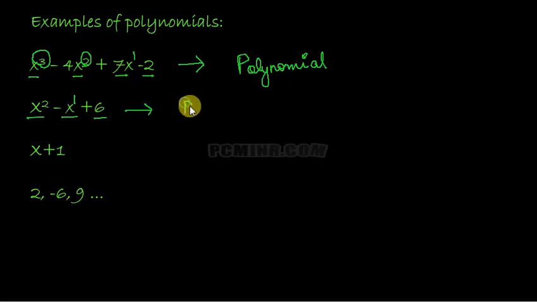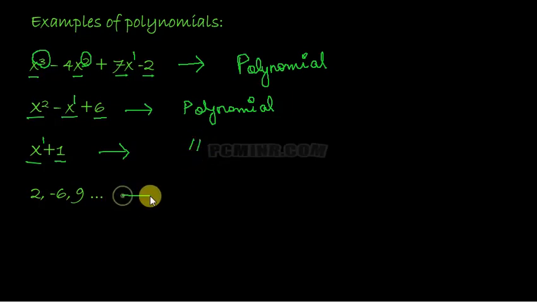Therefore, we can say that this algebraic expression is also a polynomial. Then we come to x plus 1. Again, you have 2 terms, x and 1. This is a variable term, this is a constant term, and the power of the variable is 1, which is again a whole number. So I would say this is also a polynomial.